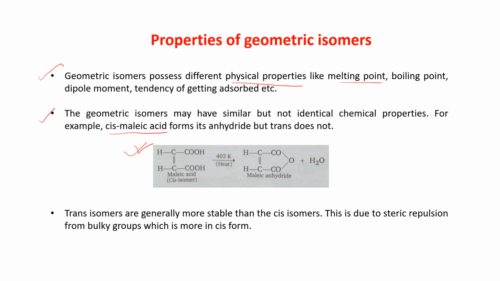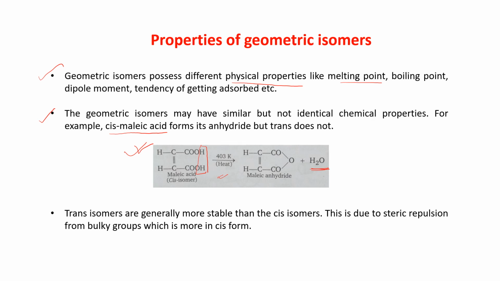Now at 403 Kelvin, if you heat it, H2O will go out. So what we are getting is CHCO, CHCO, and only one O will remain. That means from here one H2O is going out. If one molecule of H2O is going out, it is known as maleic anhydride.